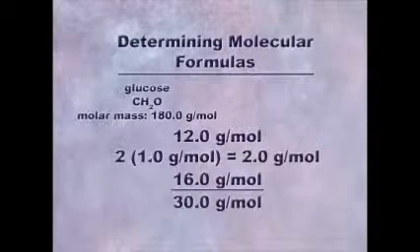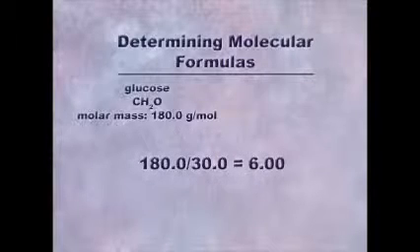In this case, we add 12.0 grams per mole, plus 2 times 1.0 grams per mole, plus 16.0 grams per mole to get 30.0 grams per mole. Next, we compare the molar mass of the molecular formula to the molar mass of the empirical formula. Since they both have the same units, they will cancel out.